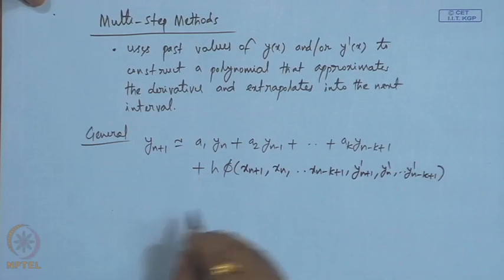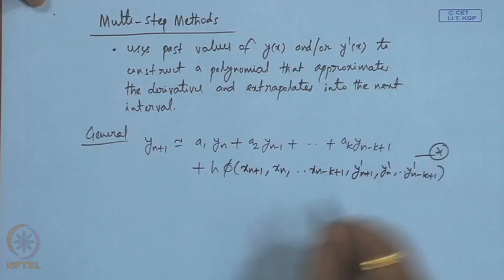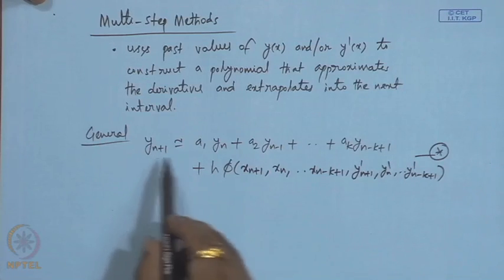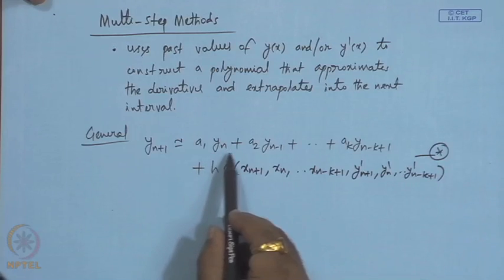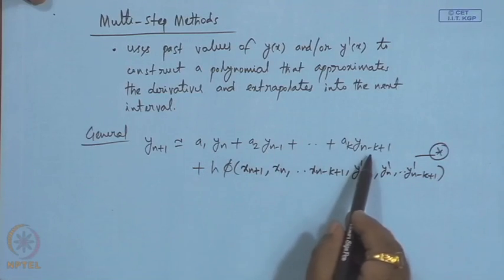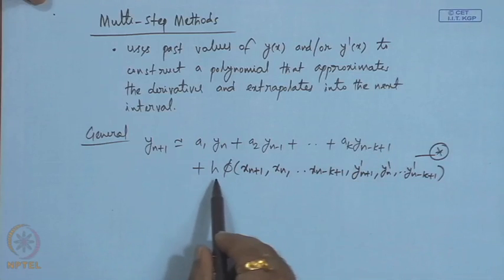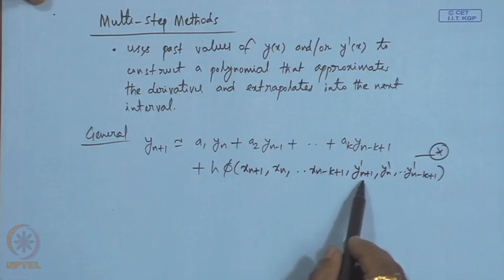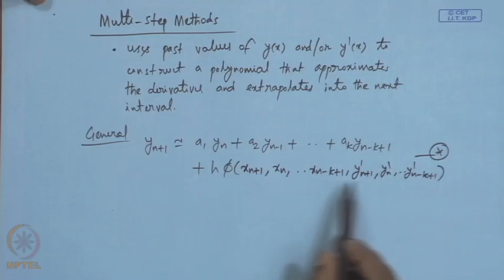Look at it, the value at the n plus 1th stage demands values at n, n minus 1, up to n minus k plus 1, and it also demands the derivative values at these points.